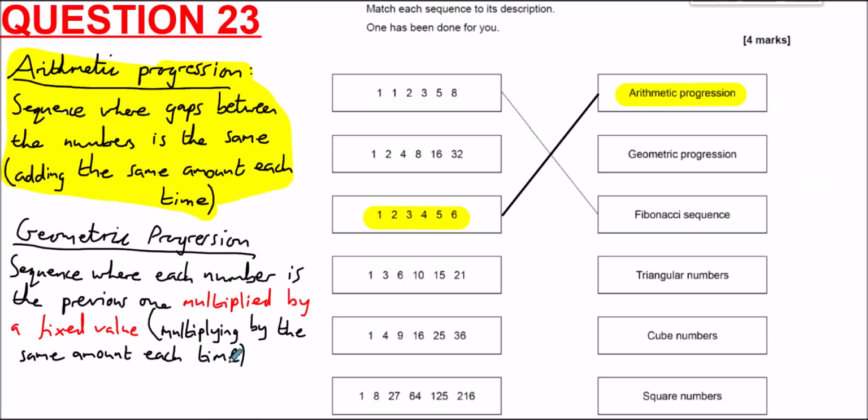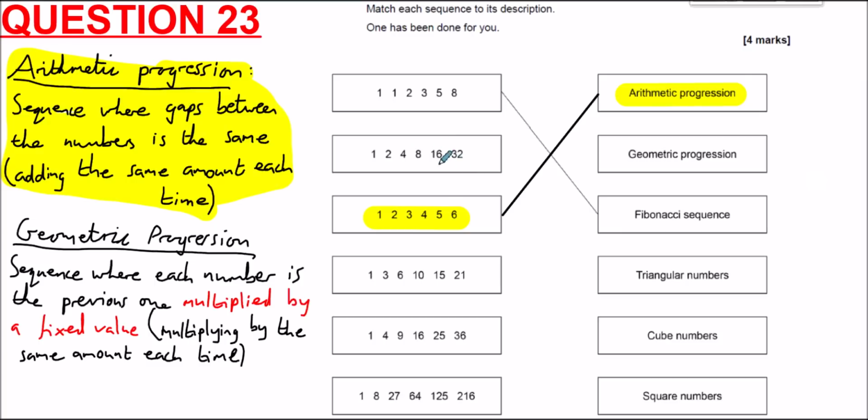So for example, the numbers might be doubling as we move along, the numbers might be tripling, each number might be 5 times bigger than the last, and so on. So if we have a look at these sequences here, this one here, if we double 1, we get 2, double 2 we get 4, double 4 we get 8, double 8 is 16.